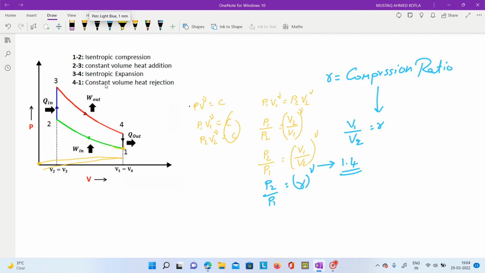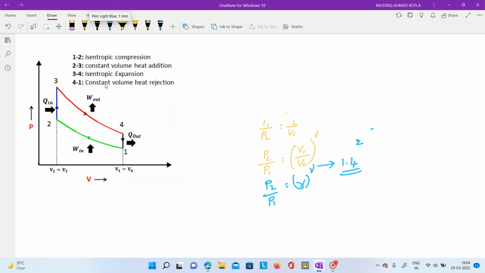You understood process 1 to 2, right? In this method we can solve all the problems in process 1 to 2. After finding this, we will move on to process 2 to 3. If you finish this, you may get maximum values. There is something more in the first step only. What is that? We have to find the temperature also, right?